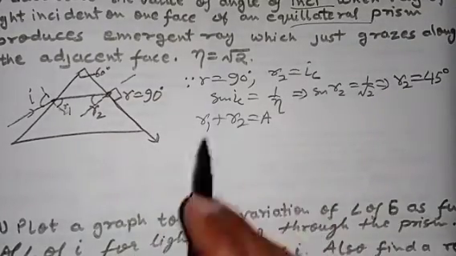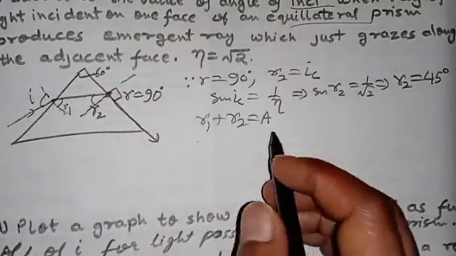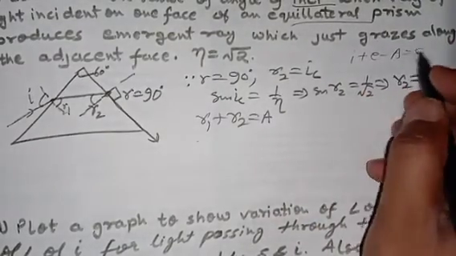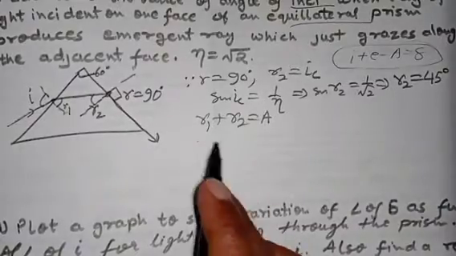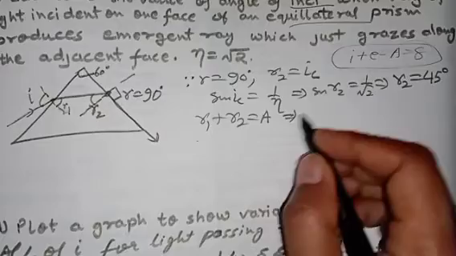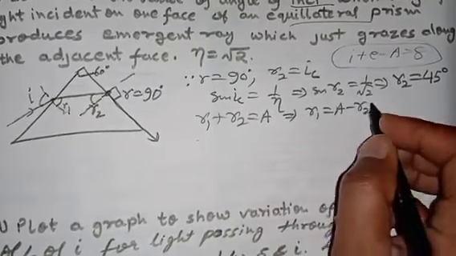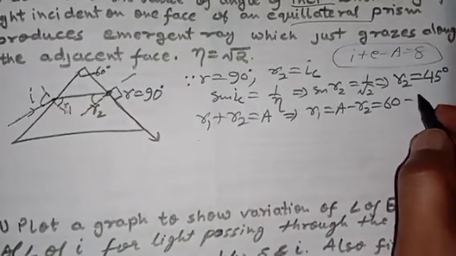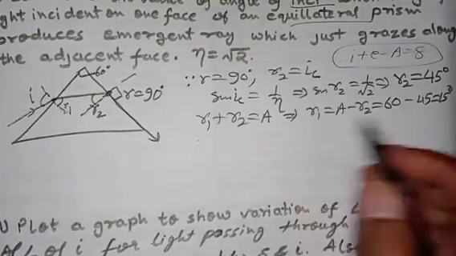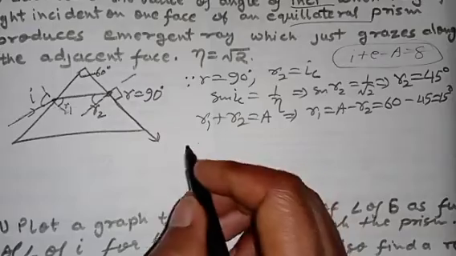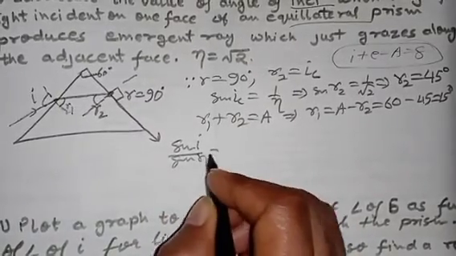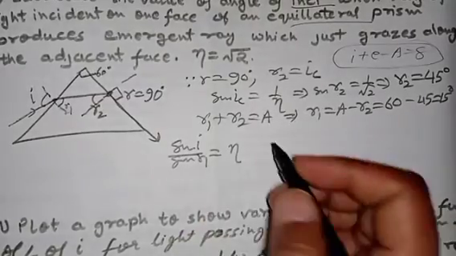This relation comes when we derive the relation I plus E minus A equal to delta. Then comes this, and this should also be considered as a formula. So from here, R1 will be equal to A minus R2, that is 60 minus 45, that is 15 degrees. So R1 is 15 degrees. Now what about I? Then apply Snell's law: sine I upon sine R1 equal to eta.